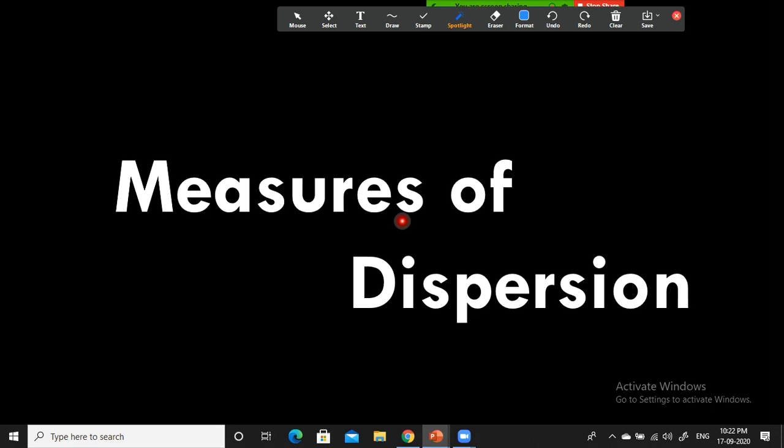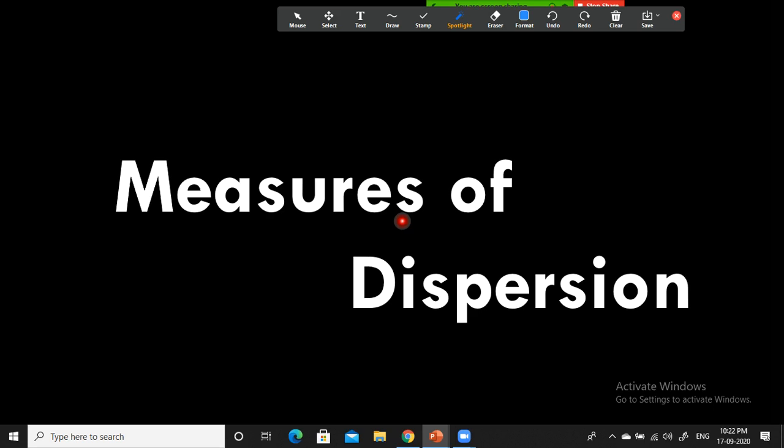By the way, from my side, I have completed the measures of central tendency and also the visualization part: how to visualize the distribution pattern of the data and how to interpret it. In measures of central tendency, we discussed mean, median, and mode, and when we are supposed to use each of them.